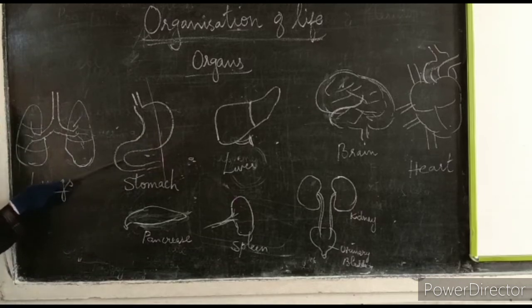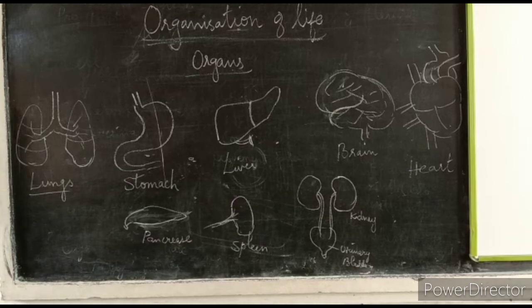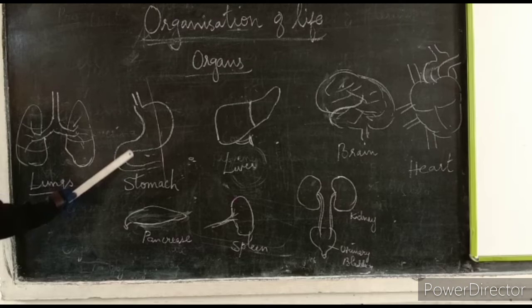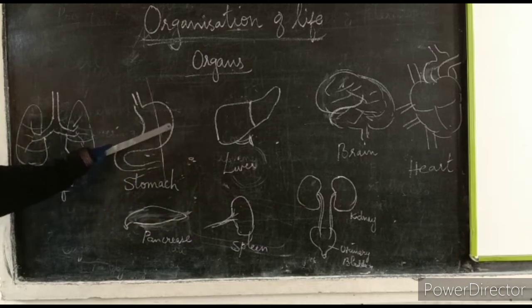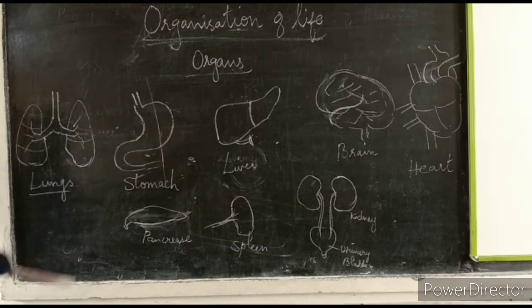Duodenum is the check post of the digestive system, because here insulin comes from the pancreas, bile juice comes from the bile duct, and the duodenum is the beginning part of the small intestine for digestion. Okay, understood? I told you about the stomach, pancreas, spleen, and the liver. Together they produce one organ system known as the digestive system.